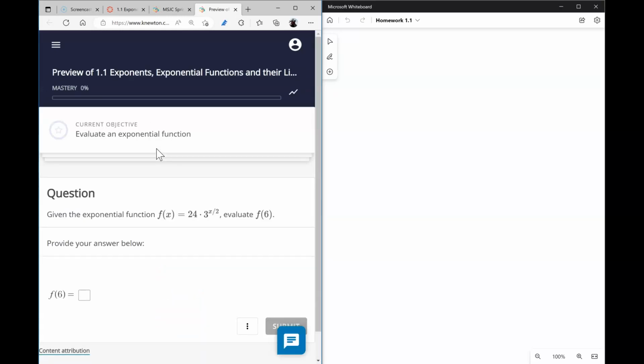So given the function f of x, we are asked to evaluate this function at 6. And in this regard, there is not much difference between exponential or any other functions. To evaluate the function means to find the output when the input is the set value.